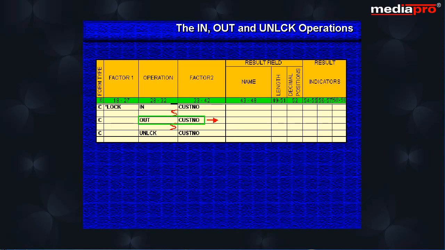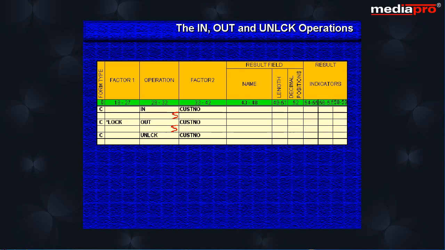The OUT operation can be used to update the data area. A data area can be updated only if it has been locked. A data area is automatically unlocked after an OUT operation. A value of *LOCK can be used in factor 1 to retain the lock after the update is done.